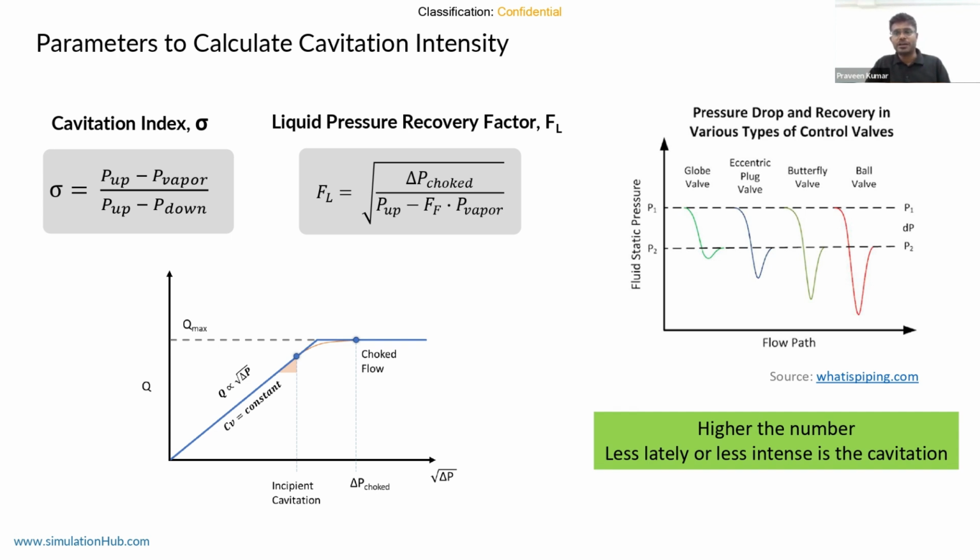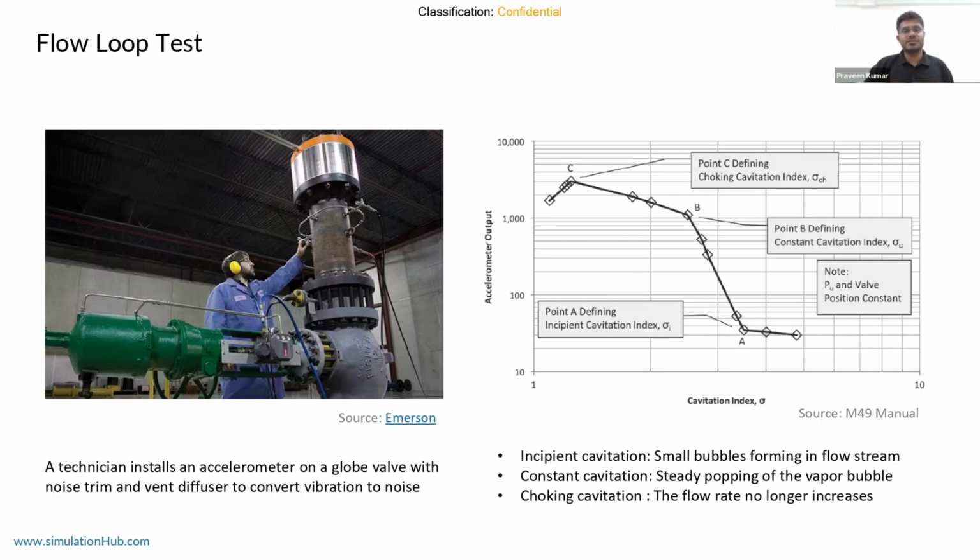For example, if you compare different valve types, a globe valve will have a high FL number, and a ball valve will have a low FL number. Ball valve recovery is very good, but that's going to create a problem, which is the cavitation part. Compared to a globe valve, a ball valve will have more of it. Ball valves and butterfly valves are more susceptible to cavitation. So that's how it is. The higher the number, the more it can delay cavitation or lower its intensity.